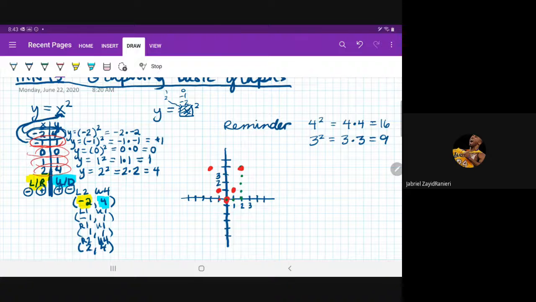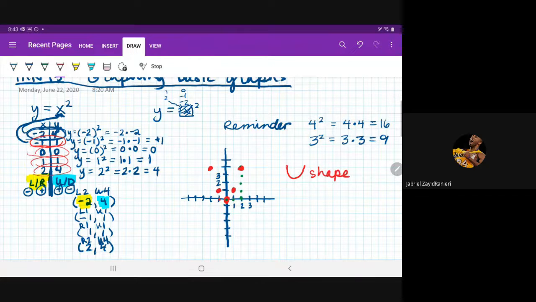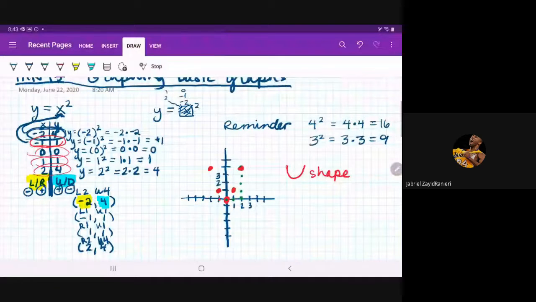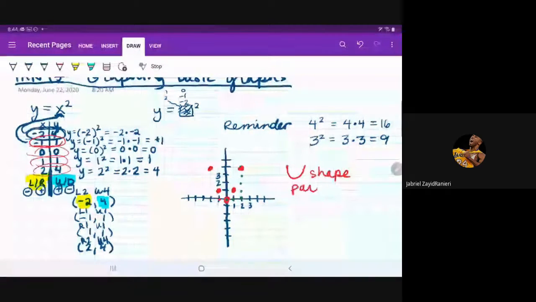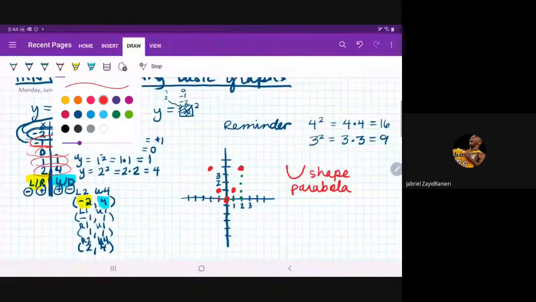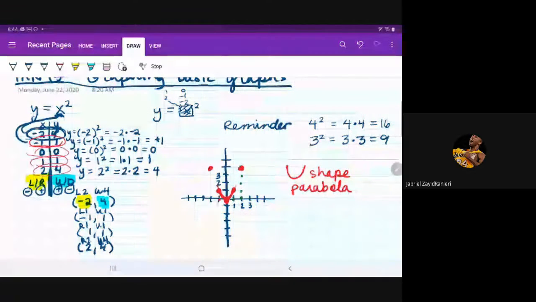Now this shape is actually going to be a U shape. Okay, so put U shape. I try to label the graphs by their letters of the alphabet. Okay, and so this is a U shape. It's called a parabola. So you don't want it to look too pointy. Okay, so at the bottom, you want to make it look like a U, not a V. And then you connect it up here.